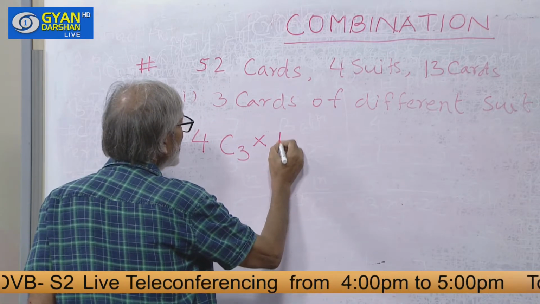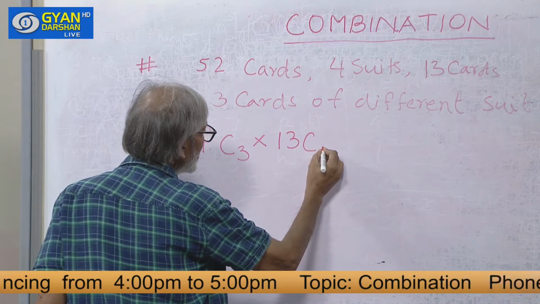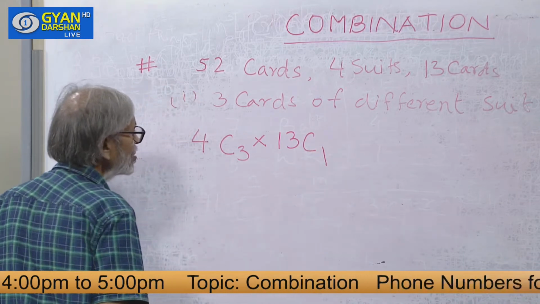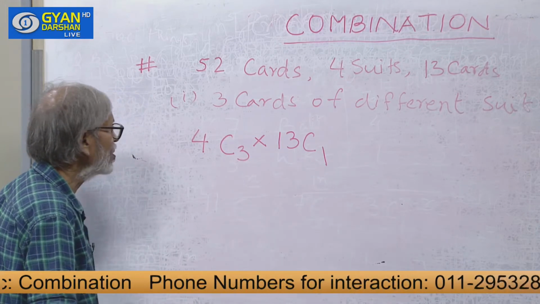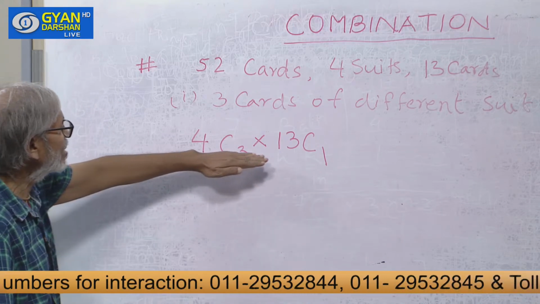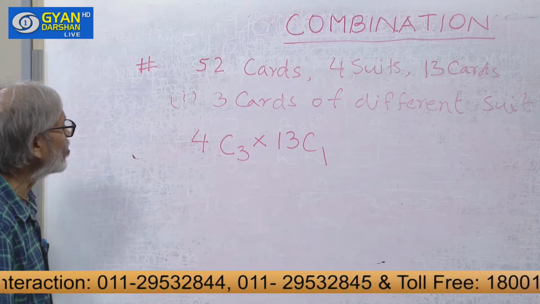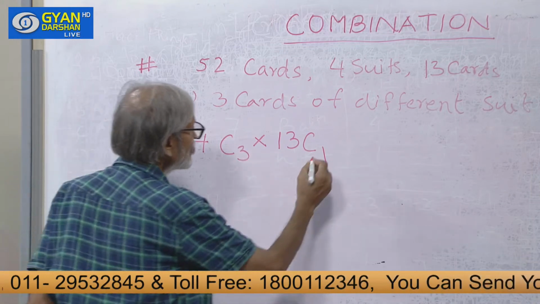So, from 13 cards you have to choose one. So, you can choose any one. The number of ways will be 13C1, and from the fundamental principle of multiplication, there will be multiplication here, because these both conditions should satisfy.